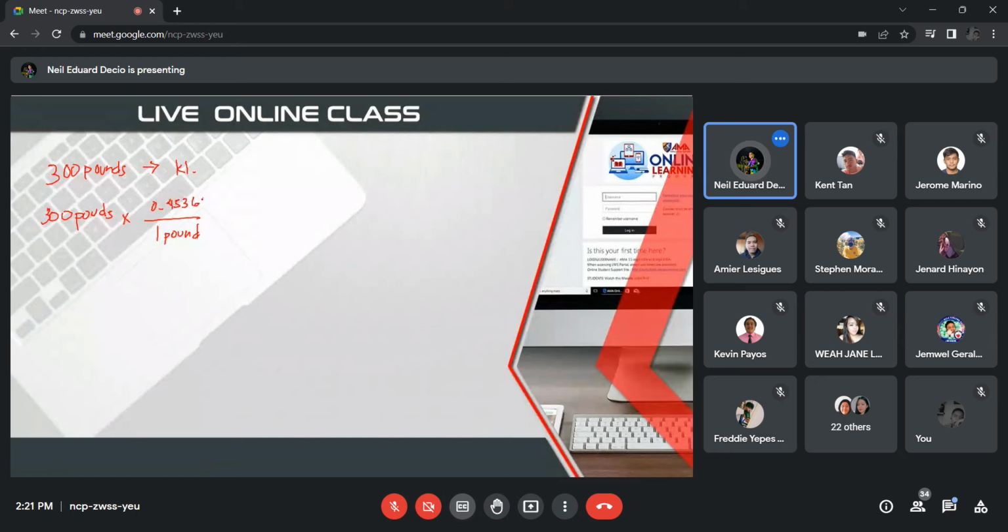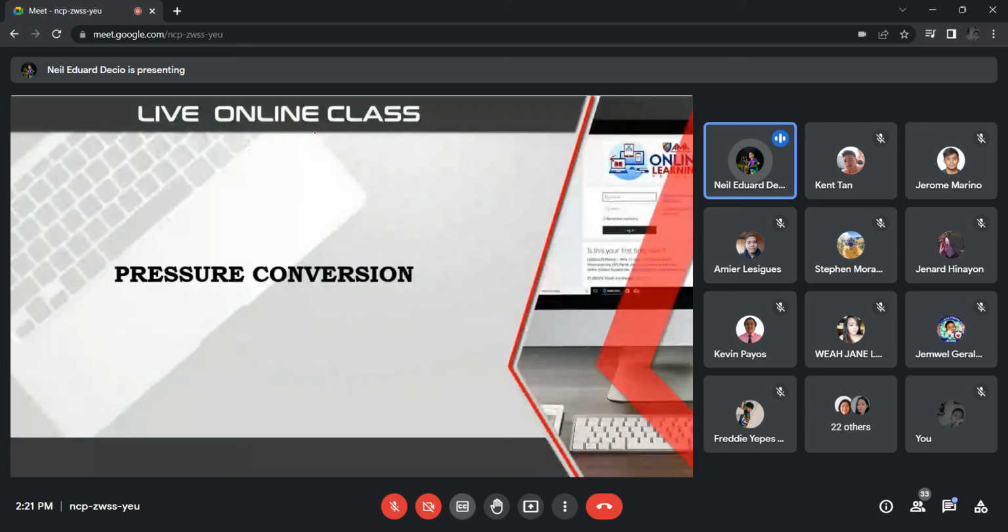So we multiply 300 by 0.4536. That's approximately equal to 136.08 kilograms.